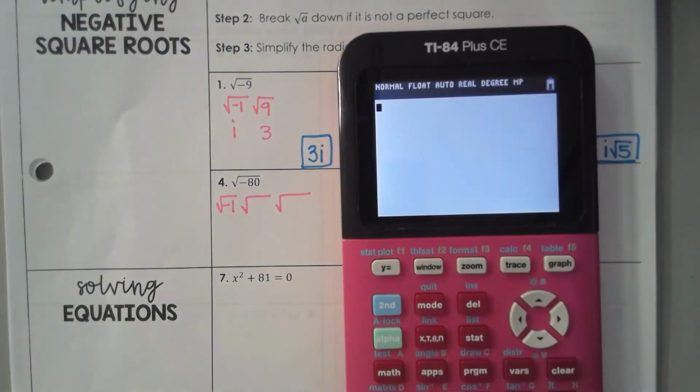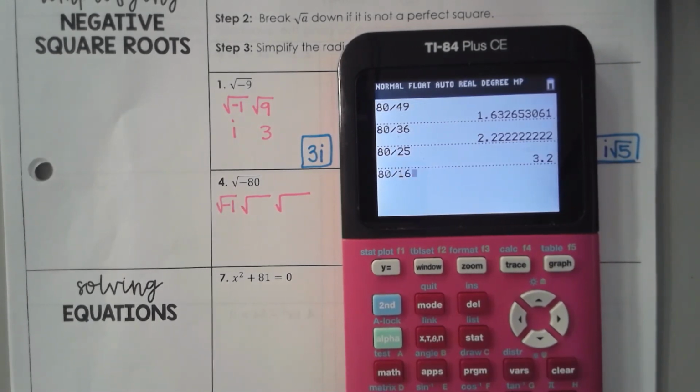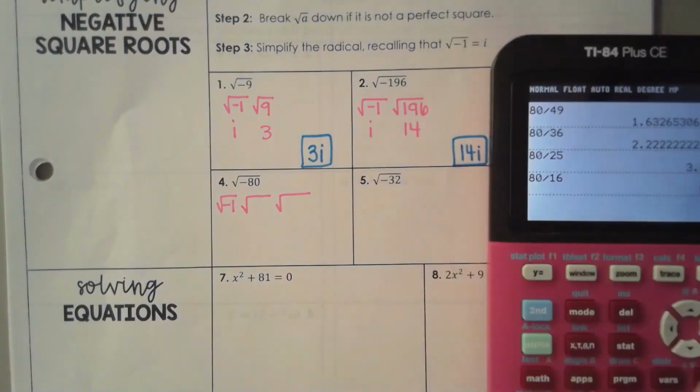Okay, 80 divided by, I might start at 49. 80 divided by 36. 80 divided by 25. 80 divided by 16. There it is. So it's 16 and 5.